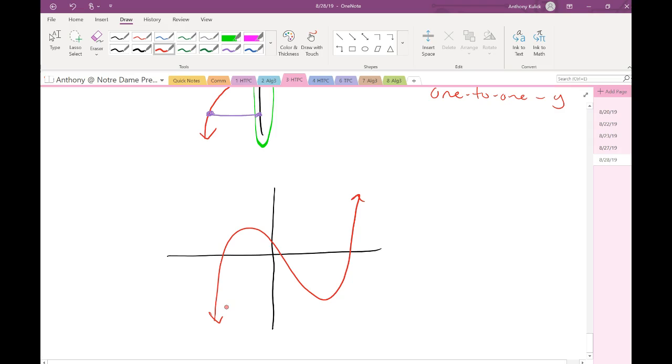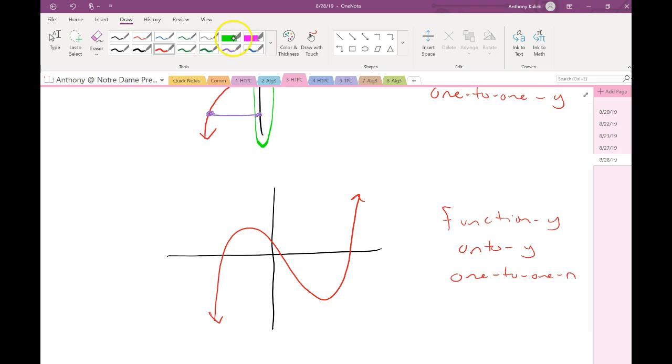How about this one? Good. So definitely a function, right? It would pass a vertical line test. It is onto, because again, the whole y-axis is covered.